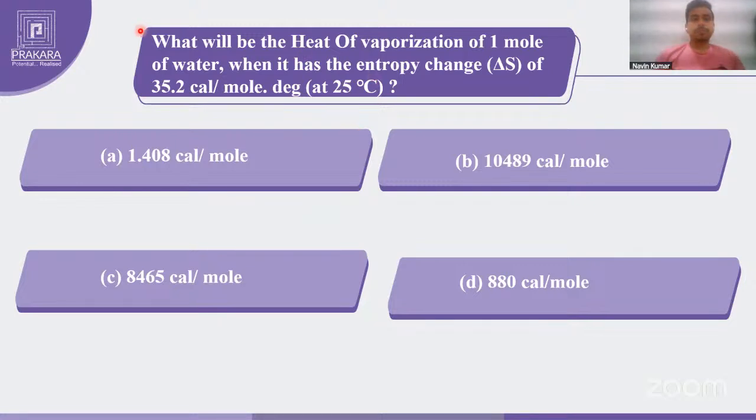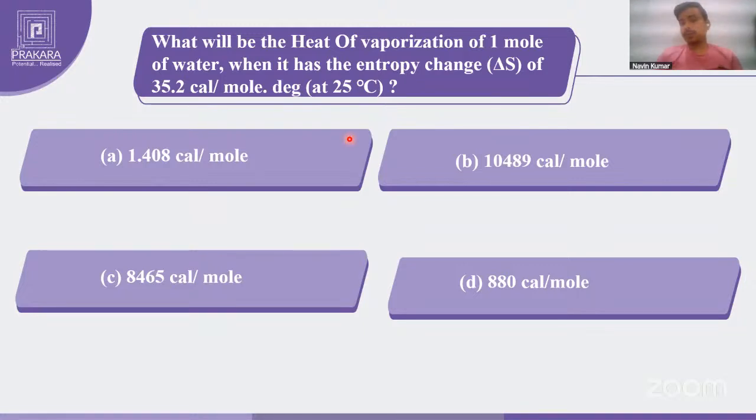So the question is, what will be the heat of vaporization of 1 mole of water when it has an entropy change of 35.2 per mole per degree at 25 degrees Celsius? To solve these kinds of questions, you need to remember the formula. There are very few formulas in our chemistry, so you should memorize those.